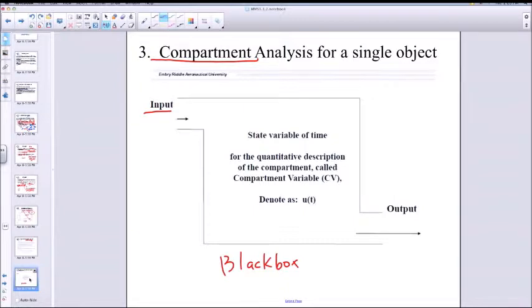So compartment analysis basically treats each state variable as a compartment, as a box, a black box. And you trace the exchange of the content from the input and output from the interface.